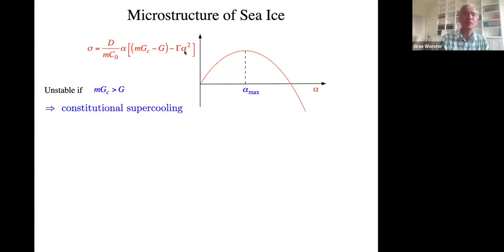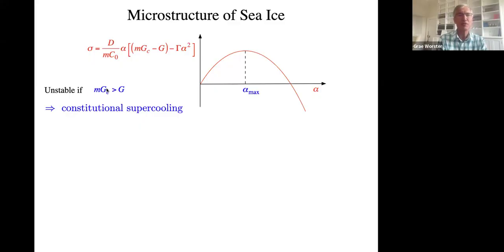And we can just look at this expression and realize that for small alpha, we just have a linear growth, alpha times this grouping, m g_c minus g. And so that curve goes up, provided that m g_c is greater than g. And g_c was the salinity gradient, m is the slope of that liquidus curve, the slope of the freezing temperature curve.